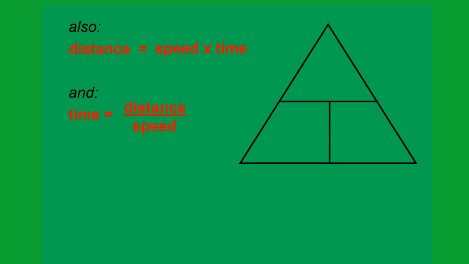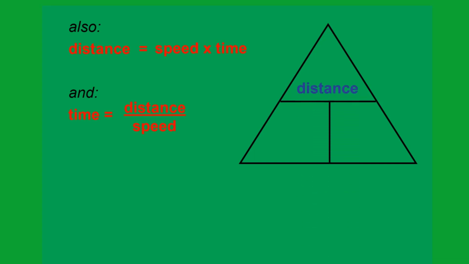And if you need to find out the time but distance and speed are given, then time equal to distance divided by speed. You can remember these things by using the formula triangle of distance, speed and time.